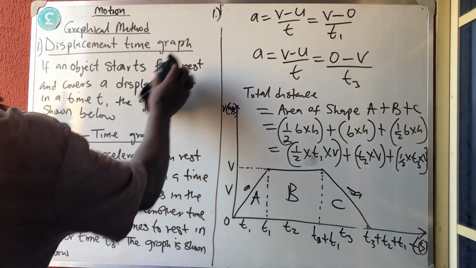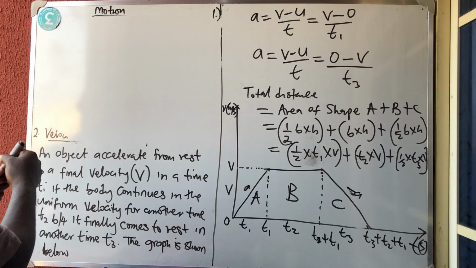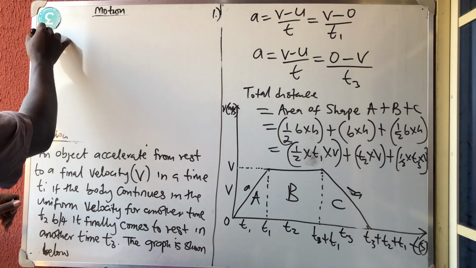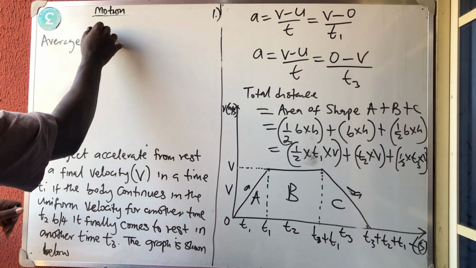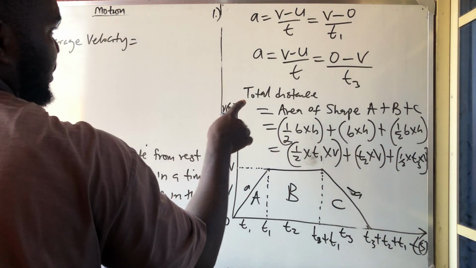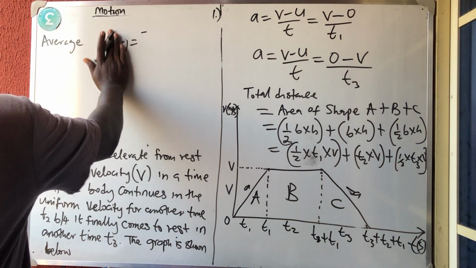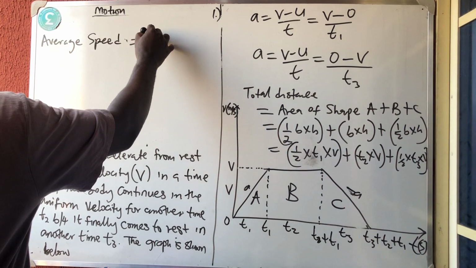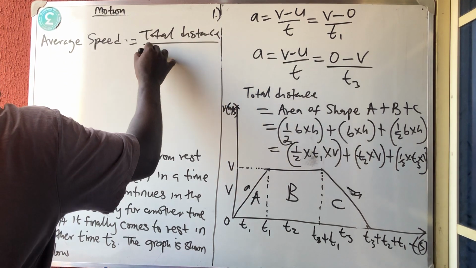So the last thing they can ask you here is average velocity or average speed. The average velocity is the total displacement. Let me call it displacement because I'm using velocity, but let me use speed since I've used distance. Average speed is the total distance all over the total time.